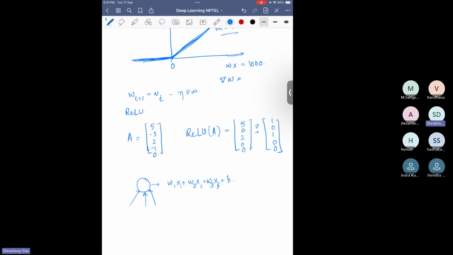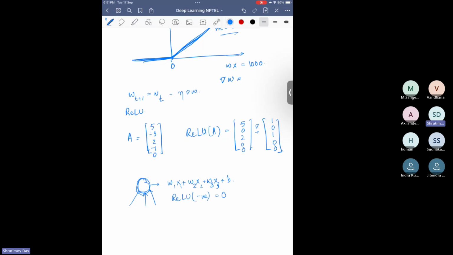If b is a very large negative number, because you randomly initialize b, it may be a case that b is very large, so then the value of this whole thing becomes very negative, and the value of a negative becomes 0. That means this neuron dies.